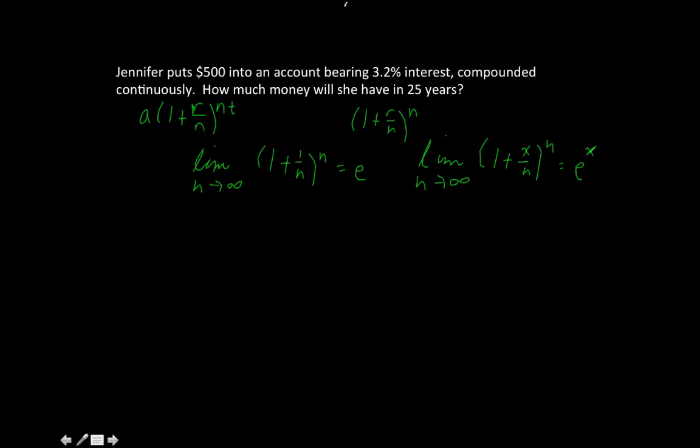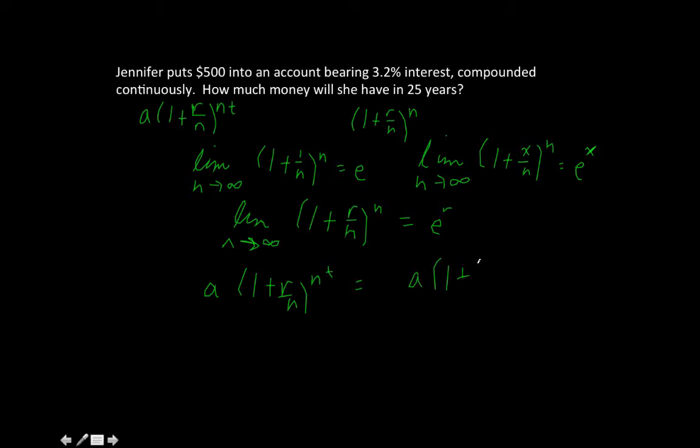to the n, which looks very much like this, the limit as the number of compounding periods goes to infinity of 1 plus r over n to the n is e to the r. So if I have a times 1 plus r over n to the nt, that's equal to a times 1 plus r over n to the n, all of that to the t, because when you have exponents multiplied together, you can pull one out, and if you have one out, you can pull it in.